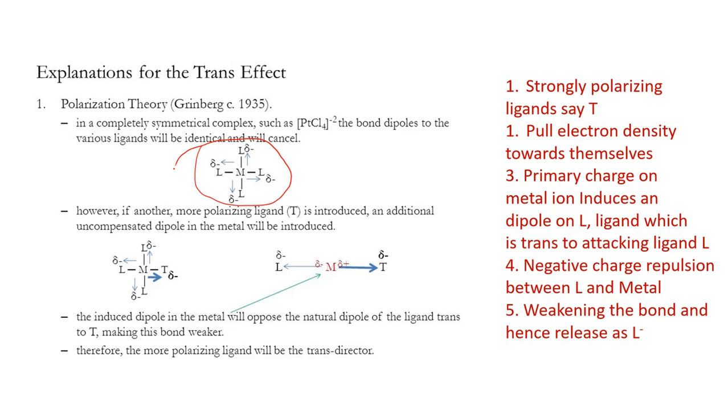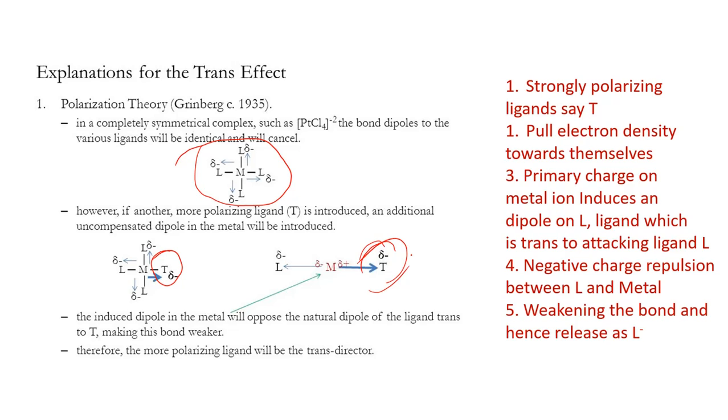The overall complex is symmetric because each ligand is the same, like L. But suppose that one of the L has been replaced by another ligand T, and T is more polarizable, then it would draw more electron density towards itself. Due to the primary charge on the metal ion, it induces a dipole on T.